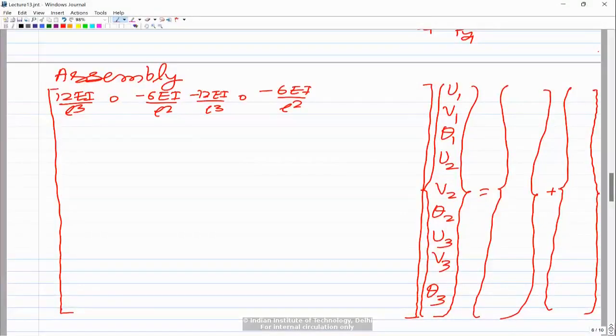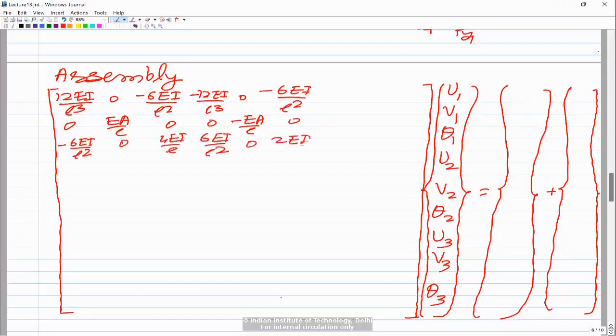Then the second row is 0, EA by L. So you are going to add basically the transformed stiffness matrix of the first element, and then minus 6 EI. So this exercise is of course trivial, but one has to do this. 0, then 4 EI by L, 6 EI by L square, 0, and 2 EI by L.